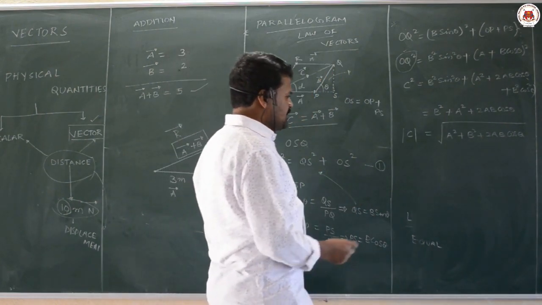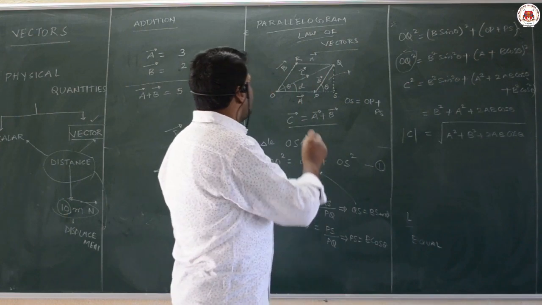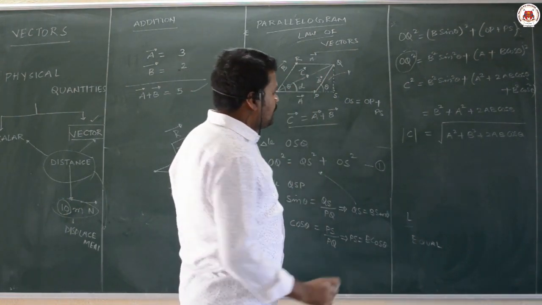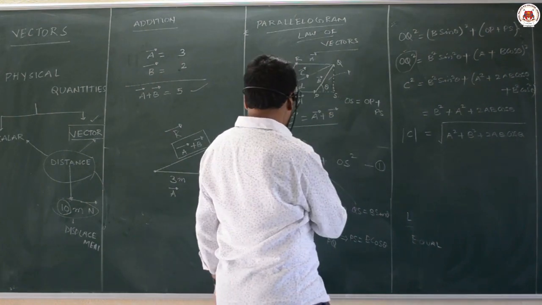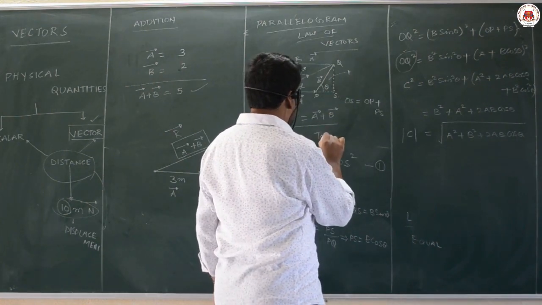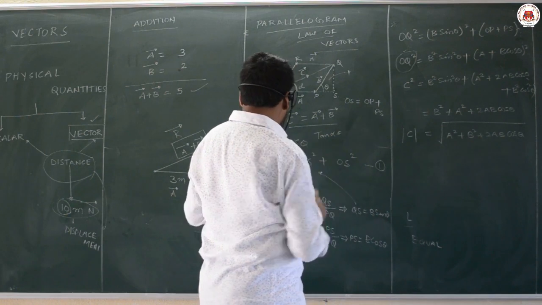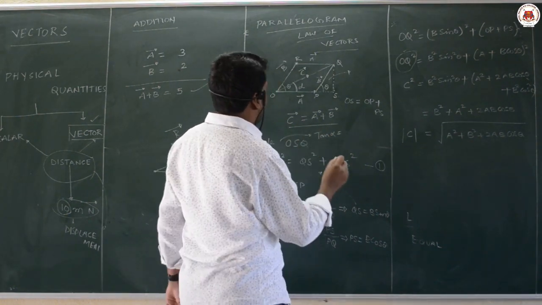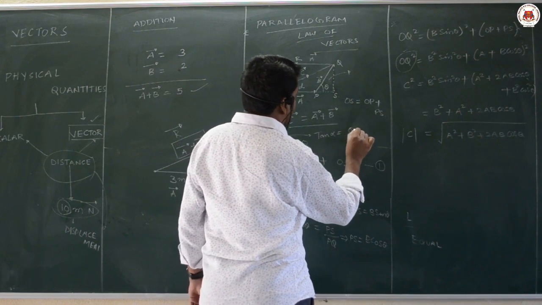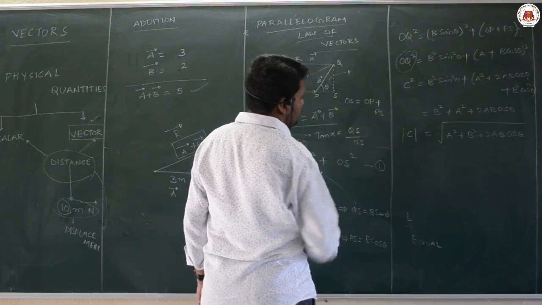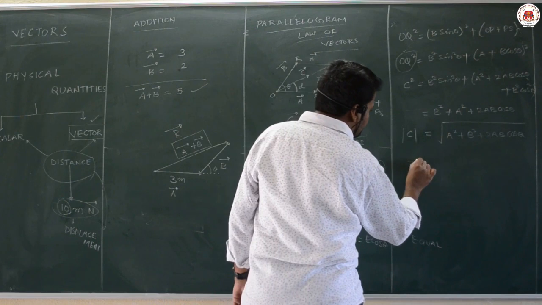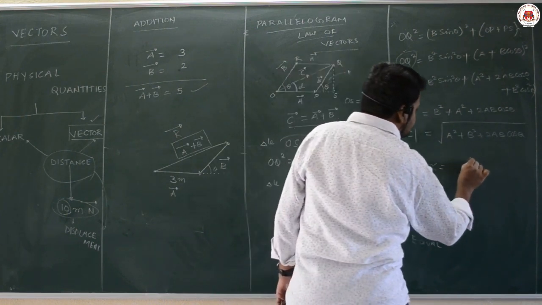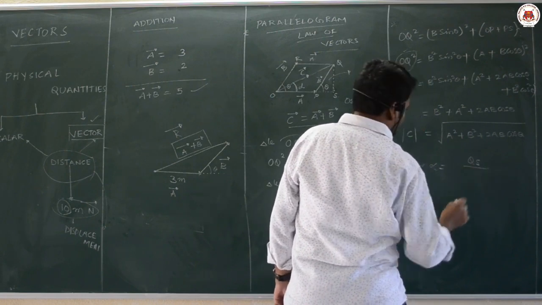Now what is the direction? In which direction is it oriented? Let us take C bar makes an angle alpha with A bar. In this triangle, what can you write for tan alpha? Tan alpha is equal to QS by OS.